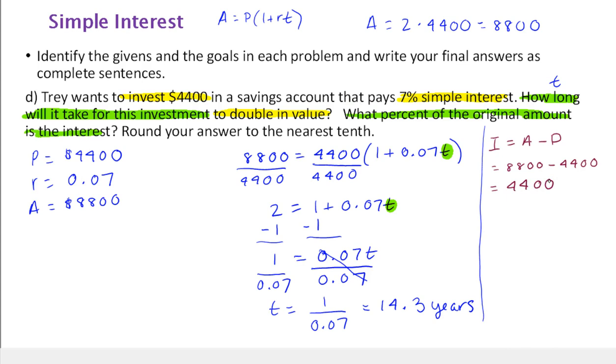Okay. So now we want to know what percent of the original amount, which is 4,400, is 4,400. So we would put interest over principal and multiply by 100%. And that gives us 4,400 over itself. The interest equals the principal because we were trying to double the principal amount.